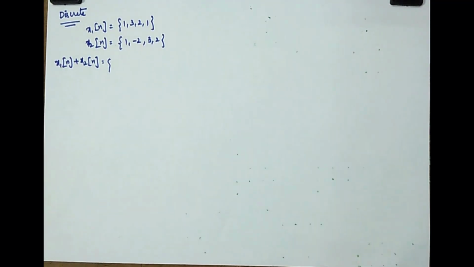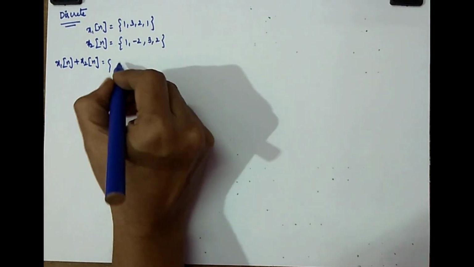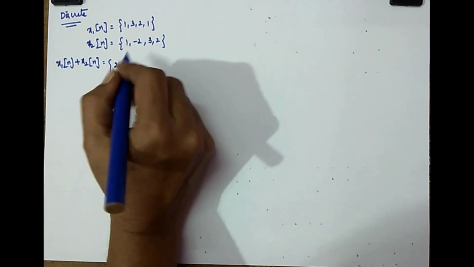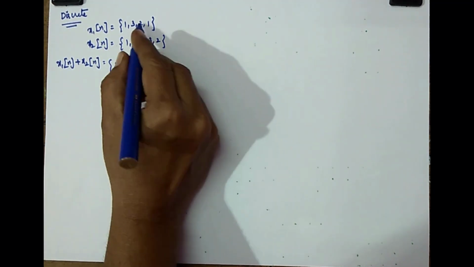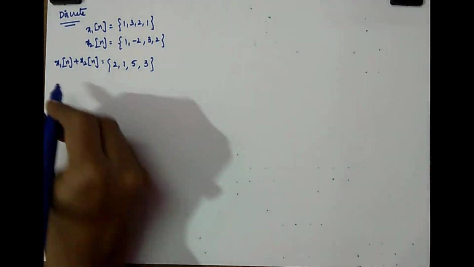Before doing it, if you want, you can plot x1 of n and x2 of n in the form of samples, but there is no need actually. Directly you can do the samples addition. So 1 plus 1 is 2, 3 plus minus 2 is 1, 2 plus 3 is 5, 1 plus 2 is 3. This is x1 of n plus x2 of n.